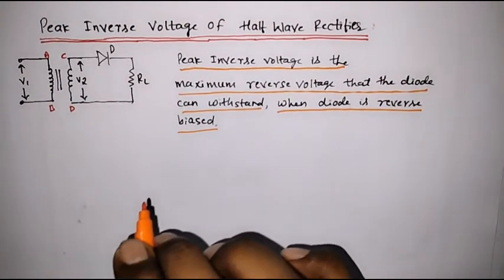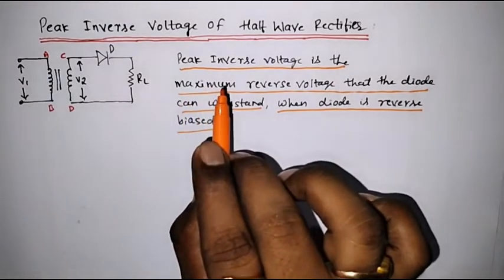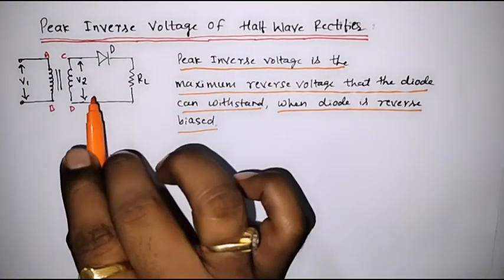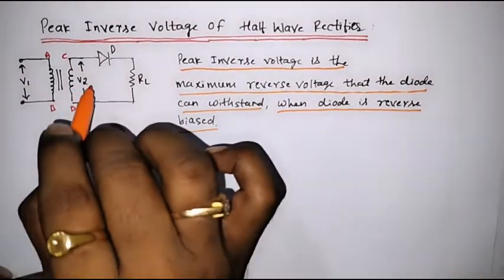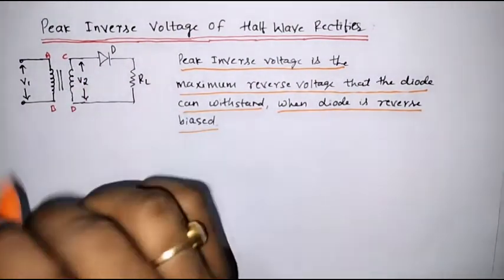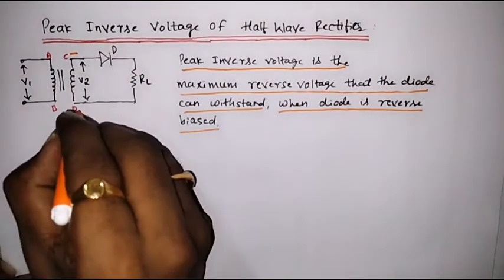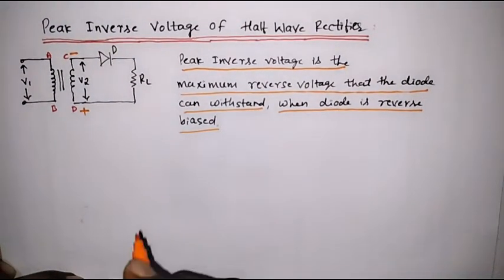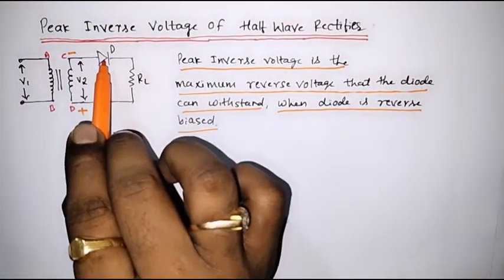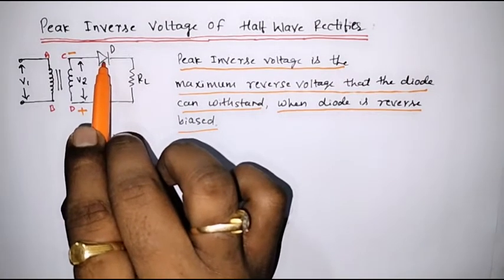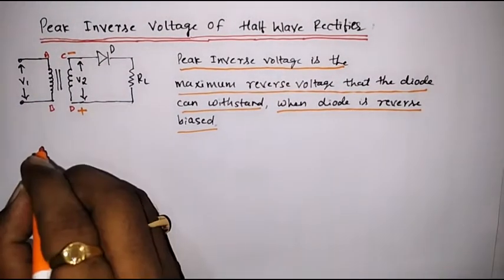Thus we understood that the peak inverse voltage can be calculated when the diode is reverse biased. So here the diode is reverse biased when terminal C is at negative potential and D is at positive potential. In this case, the diode is reverse biased and it acts like an open circuit. I will draw the circuit here.